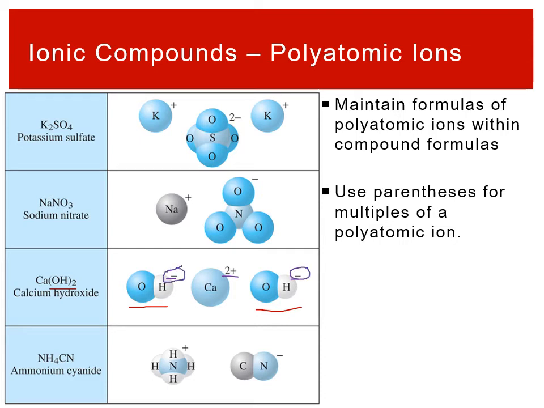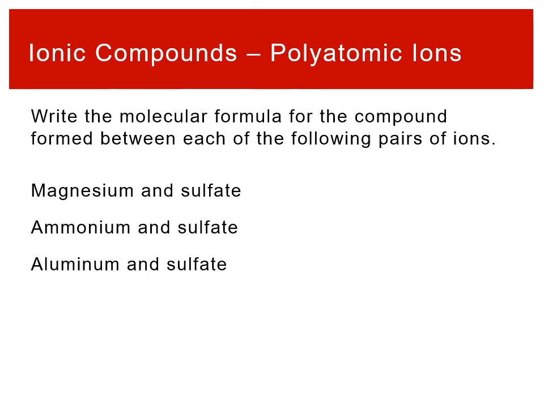So those combine to make it 0 overall, to make it neutral overall. You need 2 of those hydroxides for it to work. We don't need parentheses when we have, say, 1 plus 1 and 1 minus 1, NH4CN, ammonium and cyanide. Those are still polyatomics. There's the 2 of them that are separate, but you don't need parentheses on either of them because there's 1 of each.